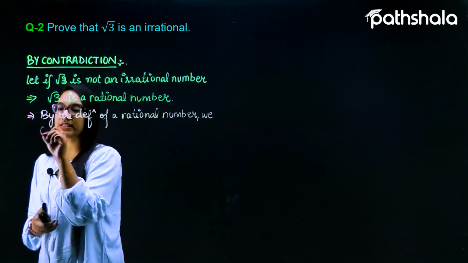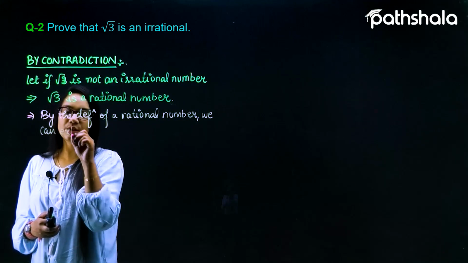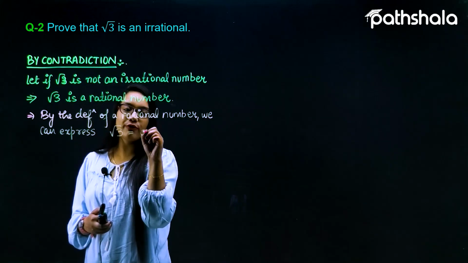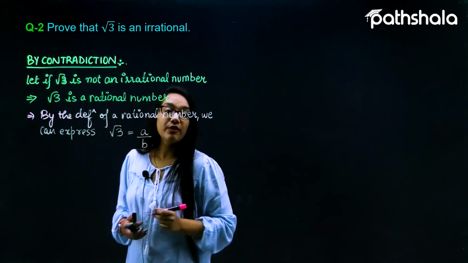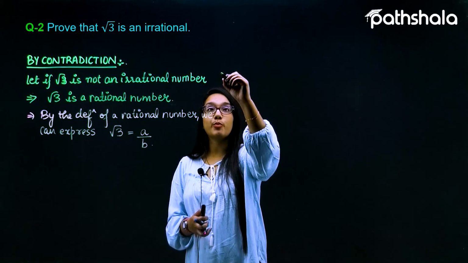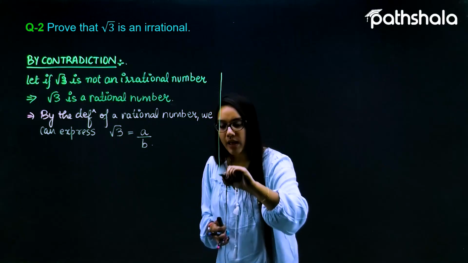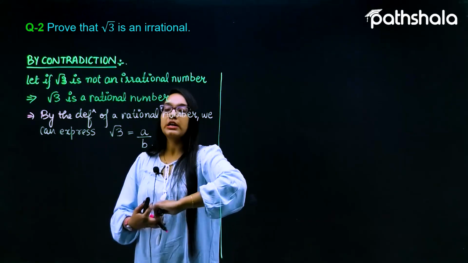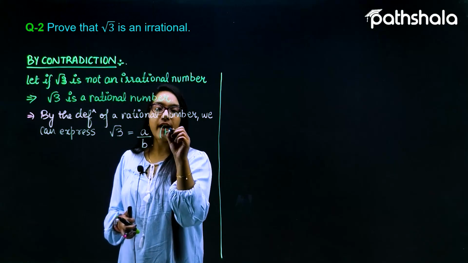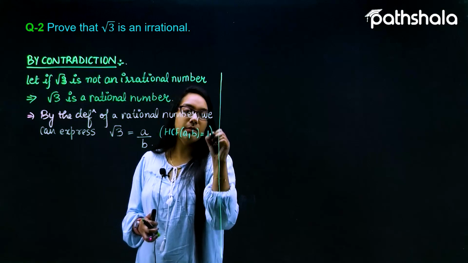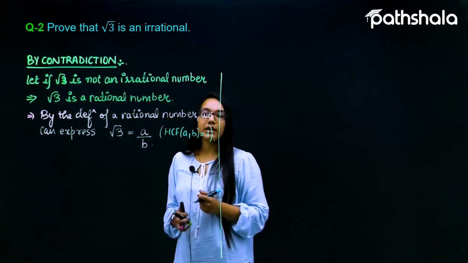We can express square root 3 in the form a by b, with a condition that the highest common factor of a and b is 1, or we can say they are co-prime.